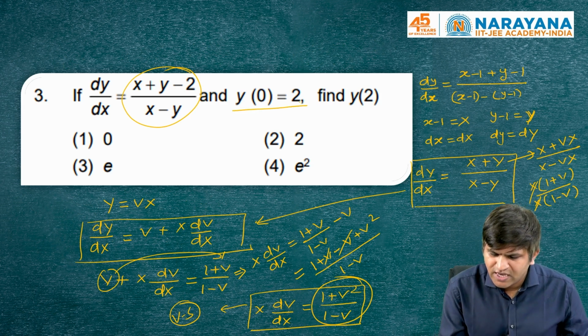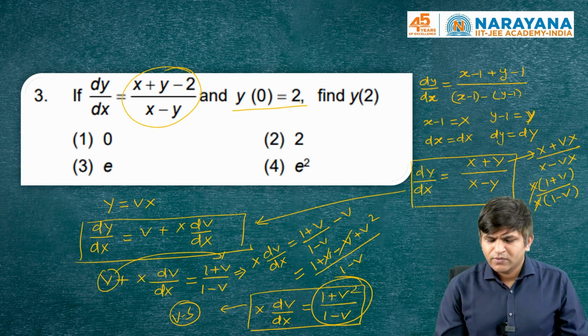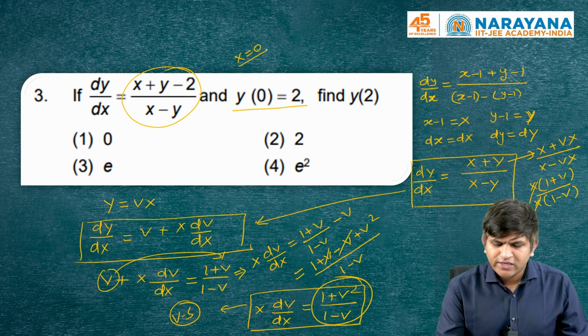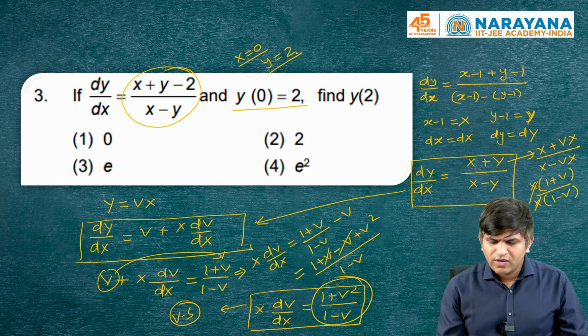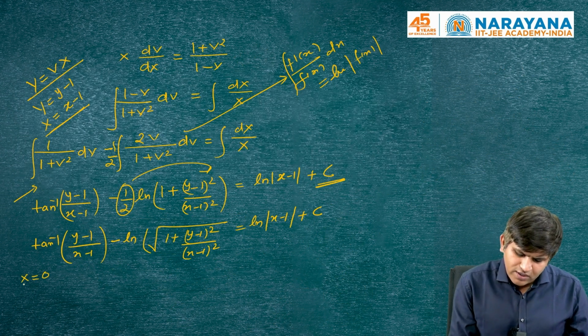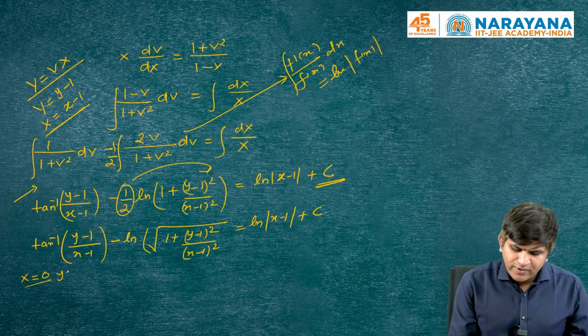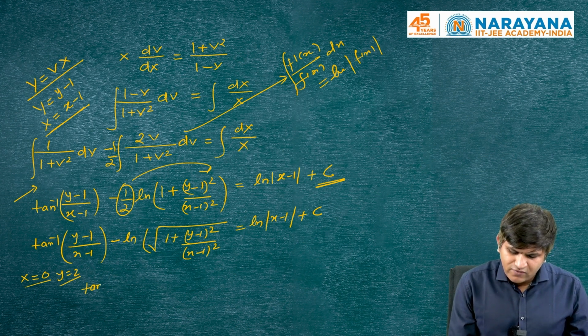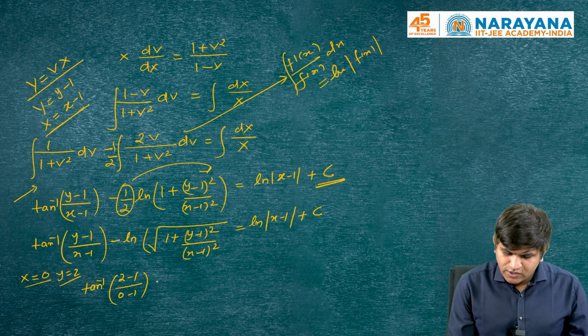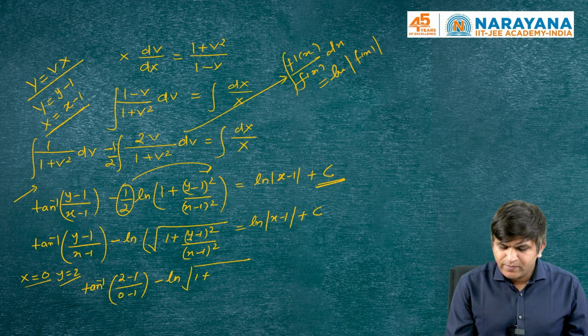So they gave y0 equal to 2. It simply means when we are going to put x is equal to 0, y value is 2. So if x is equal to 0 we plug in here, y value will be 2. So we can write tan inverse of (2 minus 1) by (0 minus 1), minus ln root over 1 plus (2 minus 1) whole square.